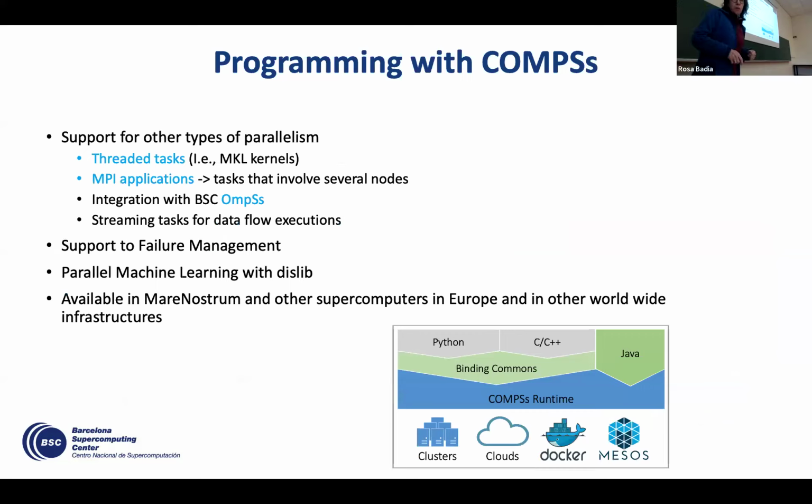Another important aspect of COMPSs is that the tasks can already be parallel. We can have sequential tasks that are simple Python, C or Java code, or we can have tasks that already have threading inside. For example, if you use NumPy, multiplying two blocks of NumPy, the numerical libraries that execute these multiplications are in many cases already implemented with OpenMP, for example, so they have parallelism already there.